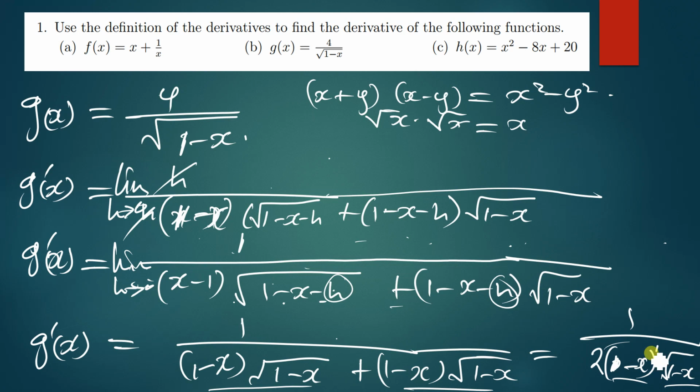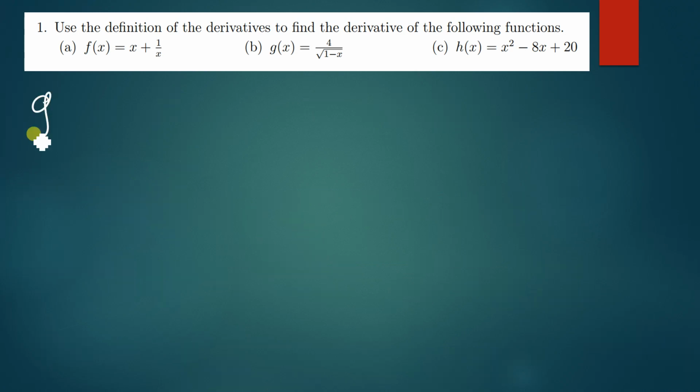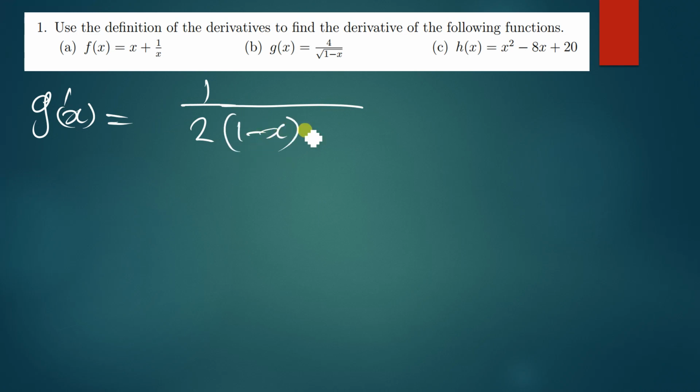So when you add 1 and half, you get 3 over 2. So the final solution will be g prime of x is equal to 1 over 2 times 1 minus x to the power 3 over 2. It's still the same.